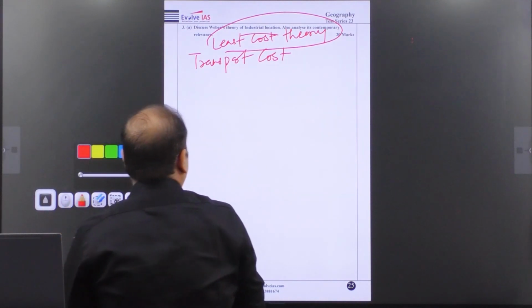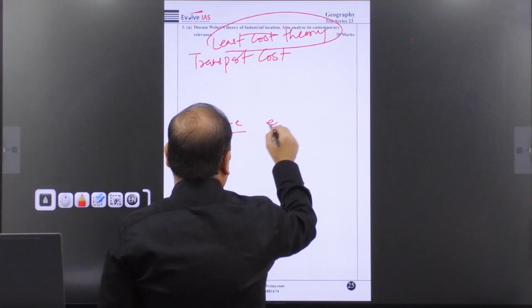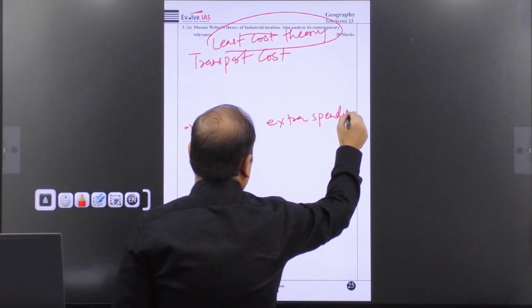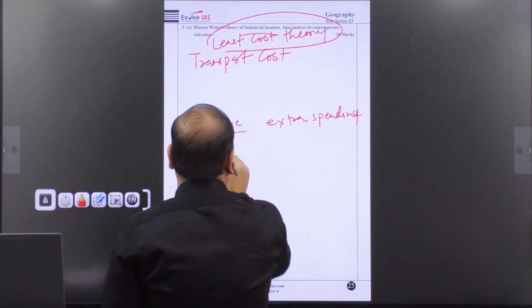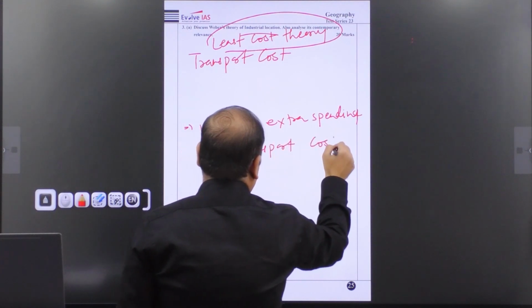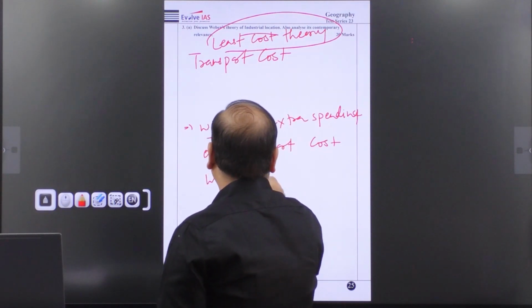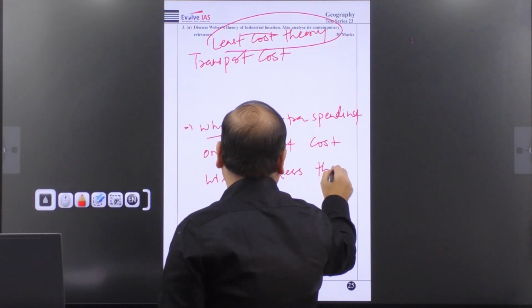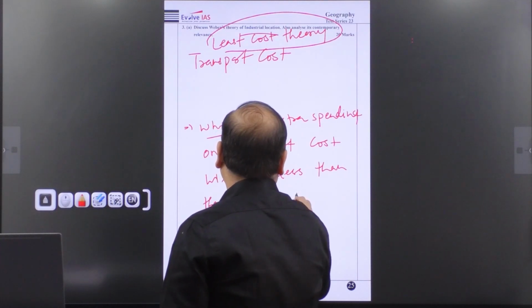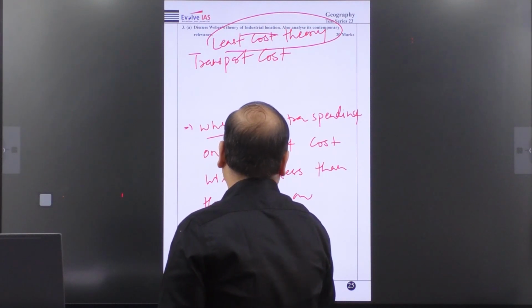So based on the isodapane, he has identified some areas where extra spending on transport cost will be less than the savings on labor cost.